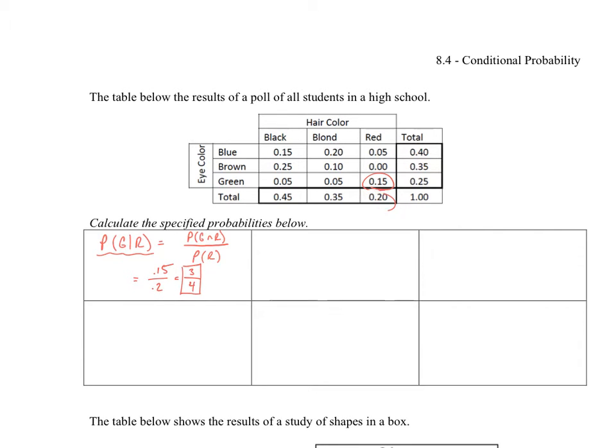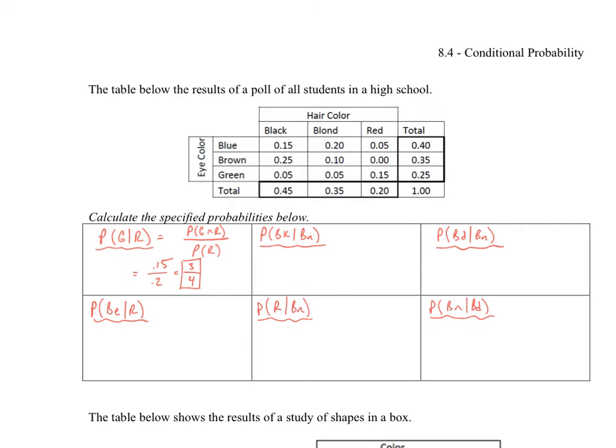So that might go against the theory that I had. Maybe I thought that green-eyed people with red hair is unlikely, but right now it seems like if we're only picking from red-haired people, green eyes are pretty likely. Let's calculate a couple more, and I'll write these down, and then you can write them down and try to do them, and then watch the video to see if you've done them correctly.